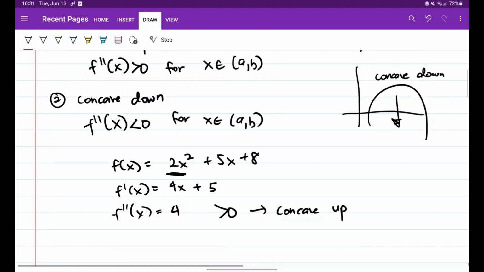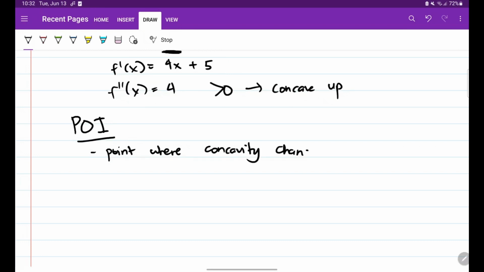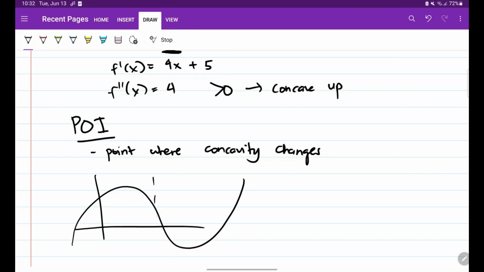Okay? Paano naman yung point of inflection? So, pag point of inflection naman yung pinagsasabi natin, point of inflection, POI, this is the point where concavity changes. Okay, so, for example, you have here a graph, and ganyan siya. So, in this part, concave down siya.